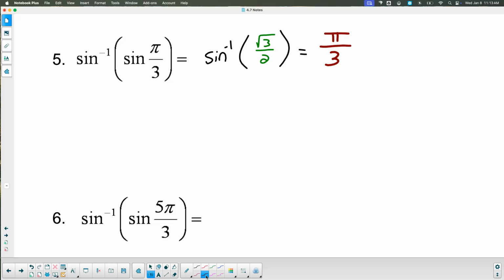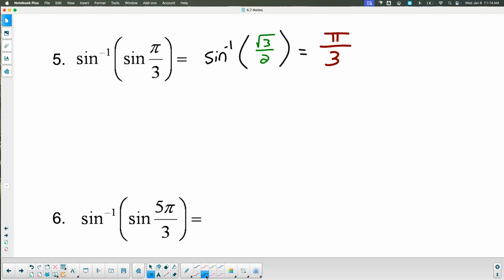What do you want number 6 to be? You want it to be 5 pi over 3 because they should cancel each other out, right? But does 5 pi over 3 fit in my inverse sine range? No. So that's the one tweak: fourth quadrant angles with tangent and sine need to be negative angles.